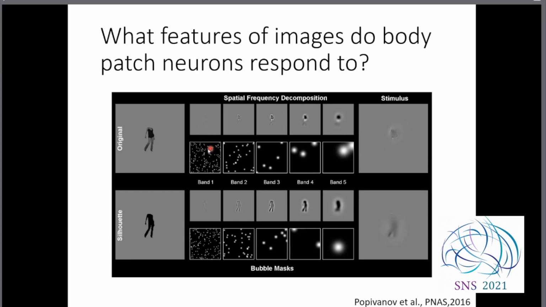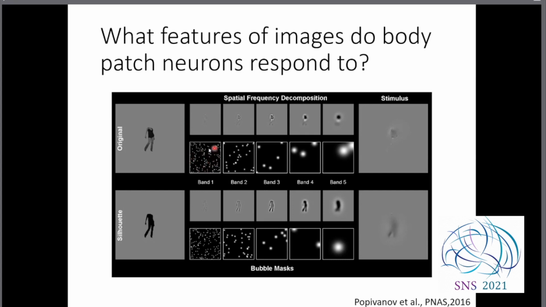Then we sampled these spatial frequency filtered images by so-called bubbles. These are Gaussian apertures through which you see the original image. So basically we partially occlude the image; we can only see it through some small, roundish Gaussian apertures.